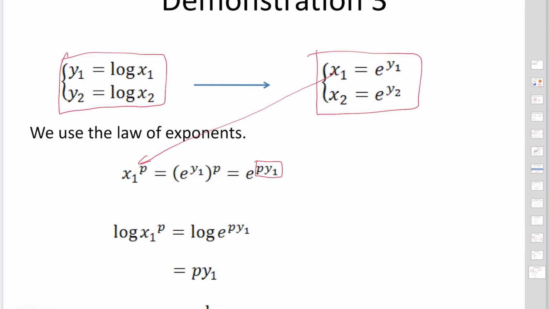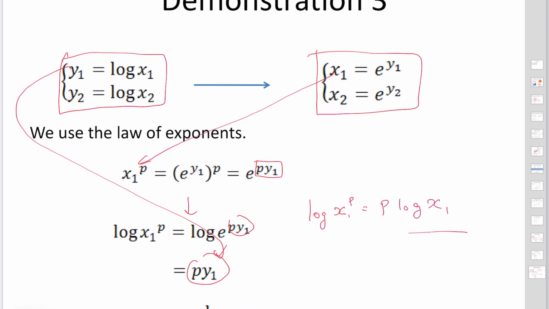We can take the log of both sides, and from the log of the exponential, we just get the power index. Substituting and returning back to here, we discover that log of x sub 1 to the p is equal to p times log x sub 1.